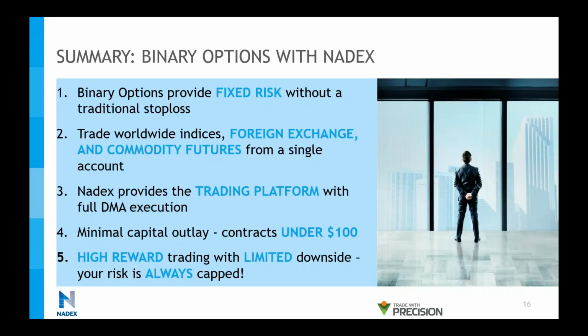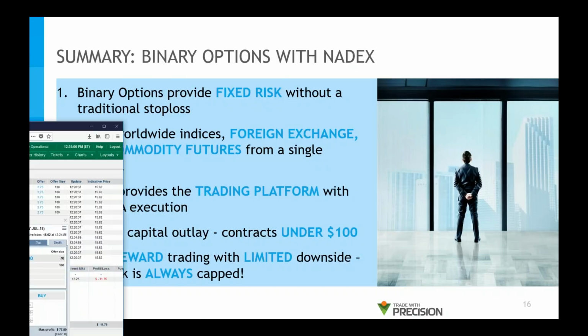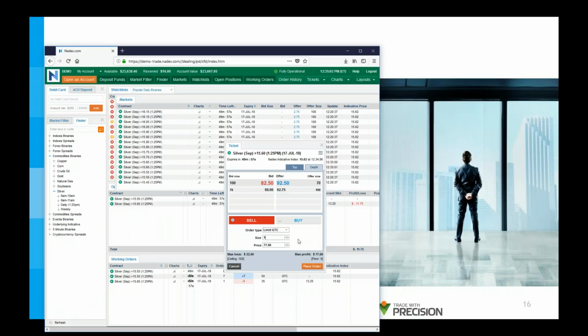You have seen here now that binary options provide you with a fixed risk without a traditional stop loss. You know upfront how much money you can lose on that trade. Let me just briefly bring in that platform once again. If I sell this contract now, you see your maximum loss here, and that's it. If I want to lose more money on that trade, potentially, I have to increase my number.